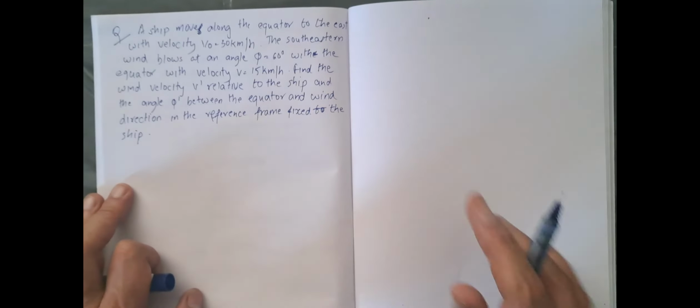So this is how the question is. I'll read it out. A ship moves along the equator to the east with velocity v naught equal to 30 kilometers per hour. The southeastern wind blows at an angle 60 degree with the equator with the velocity v equal to 15 kilometers per hour.